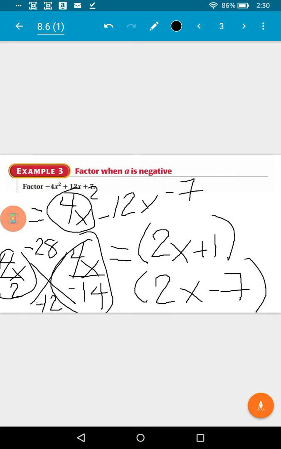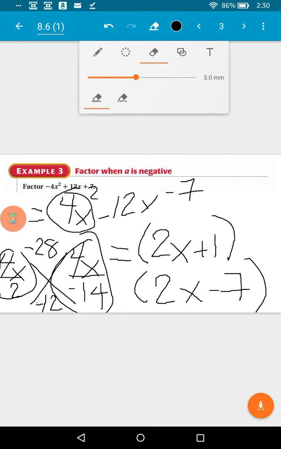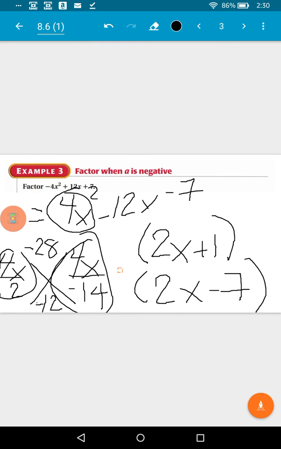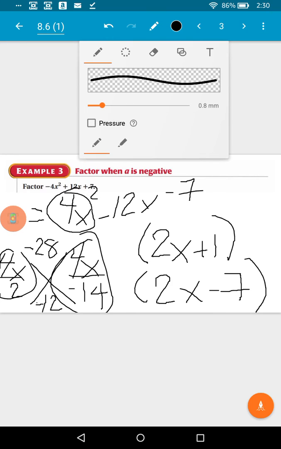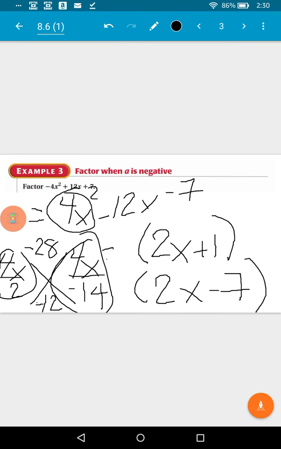But do not forget that I did take out a negative 1. So I have to insert that negative 1 back in, and it's going to be right here in the front. And that's your answer.